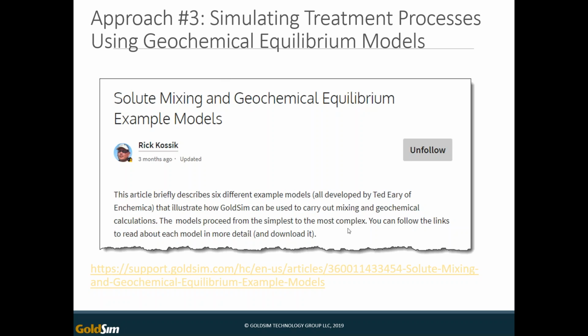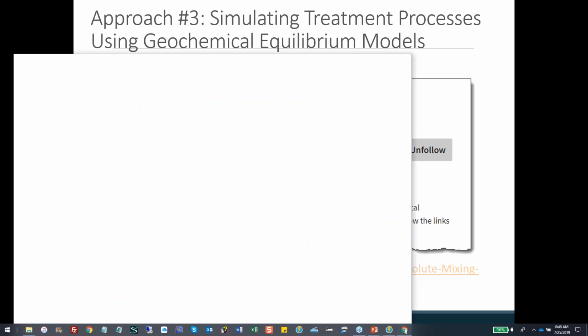So Ted developed a number of models and then graciously donated them to our model library. And they really illustrate how GoldSim can be used to do these geochemical calculations. And this particular model library walks through a whole bunch of examples that Ted developed. And they start simple and they get more complex.